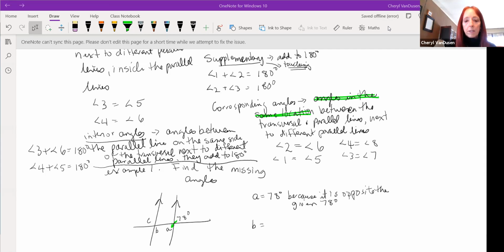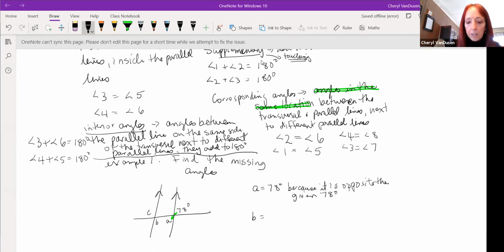Thank you very much to those two students that gave me the answer. The way you find B is you go 180, take away A. Now we all know that A is 78. So 180 take away 78, grab a calculator to double check that, and you find the answer is 102.